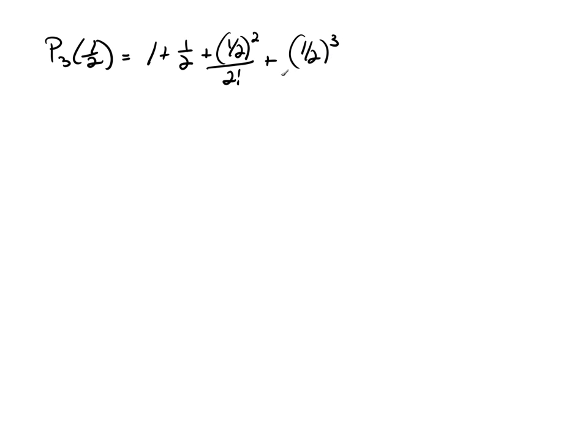So let's quickly take a look at this one more time, or actually evaluate this. I want P3 of 1/2, which is 1 plus 1/2 plus 1/2 squared over 2 factorial plus 1/2 cubed over 3 factorial, which is 79 over 48, or approximately 1.64583.